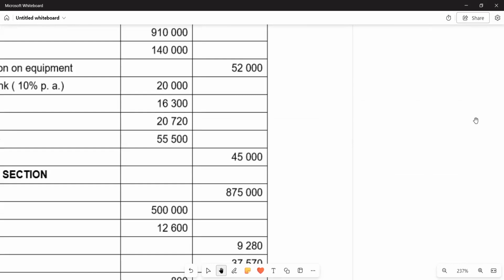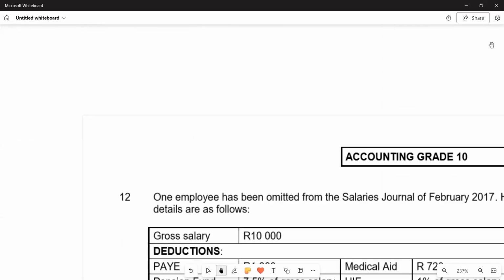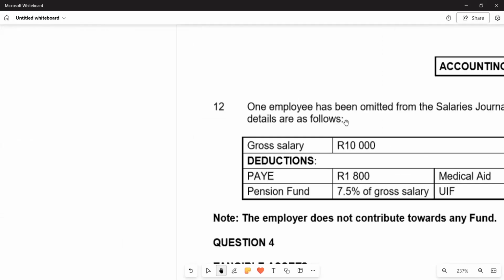Then if you go down to the next page, we can see the other information that we are given. This is information 12 according to our question.